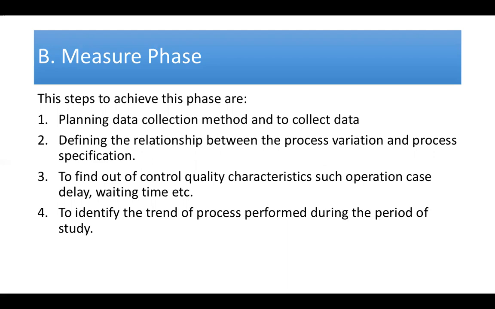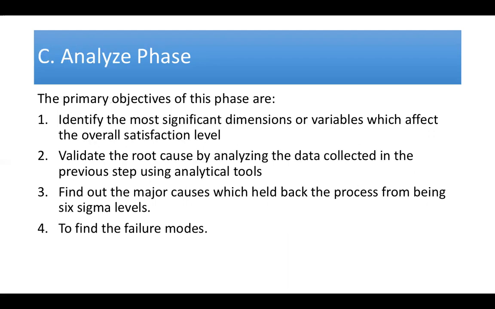You are measuring, and after that analyzing. What are the reasons? If a sample is unacceptable, what are the possibilities? What are the different types of unacceptable samples? And what are the factors responsible for that?